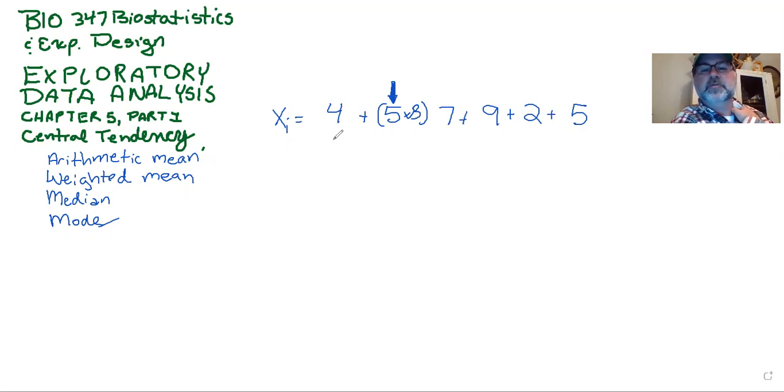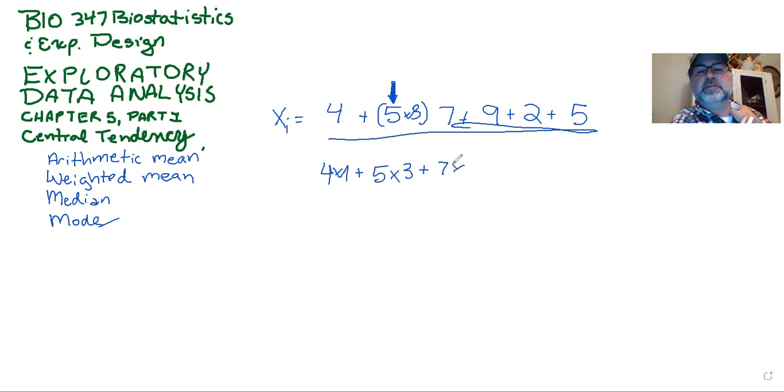If you don't articulate a particular weight, just assume it's 1. So in other words, if you're doing a weighted mean, it's actually 4 times 1 plus 5 times 3 plus 7 times 1 plus 9 times 1 plus 2 times 1 plus 5 times 1.